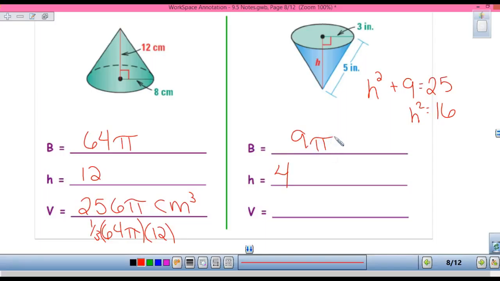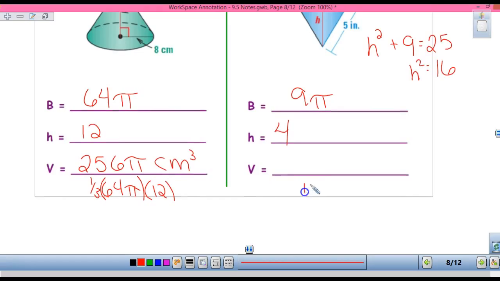Get used to just saying 9 pi, because the area is not 9. The area is 9 pi. Be careful. So my volume is 1/3 times 9 pi times 4. So take your 9 times your 4, then divide by 3, we get 12 pi inches cubed.